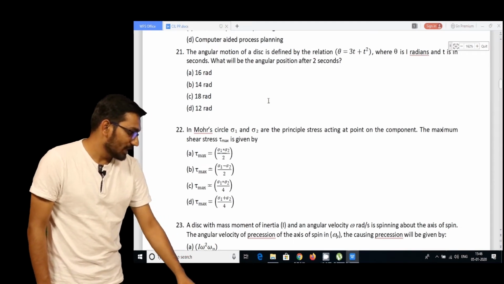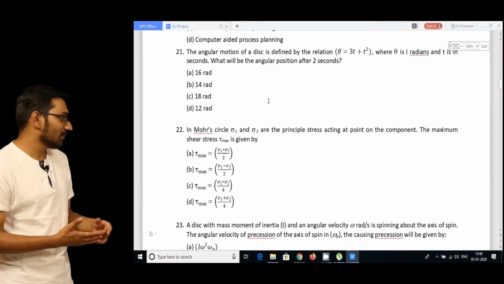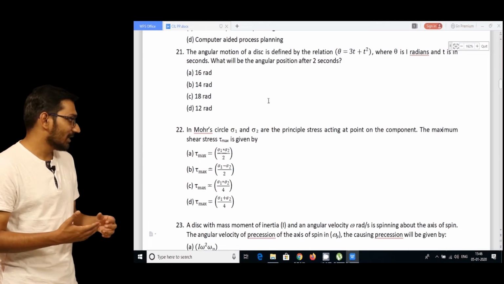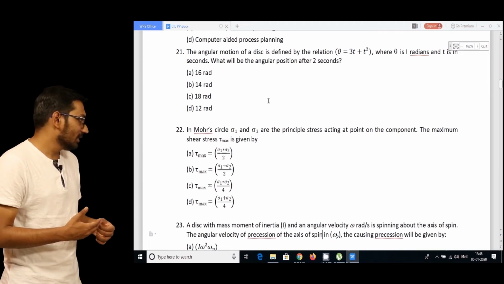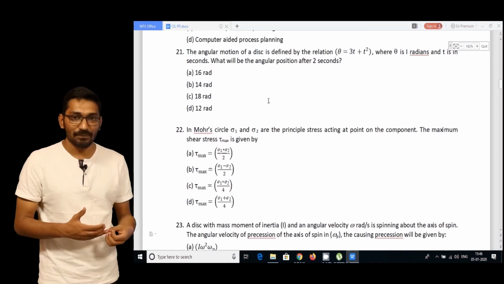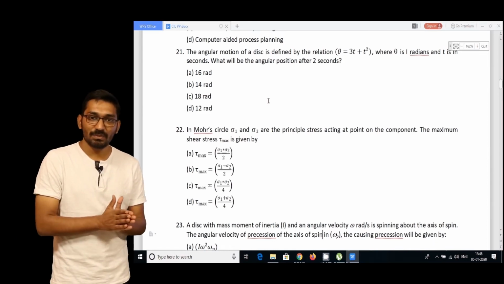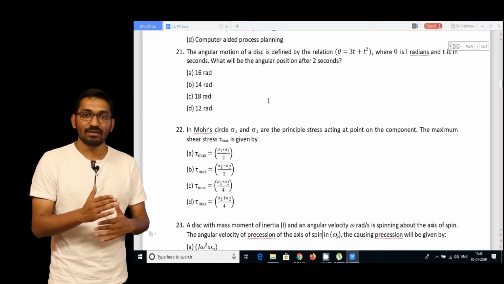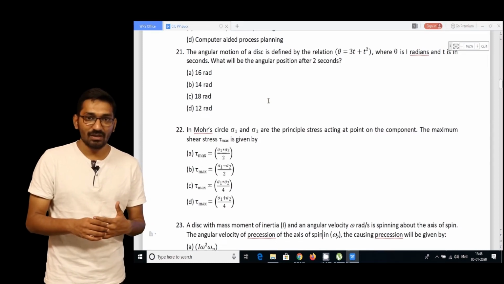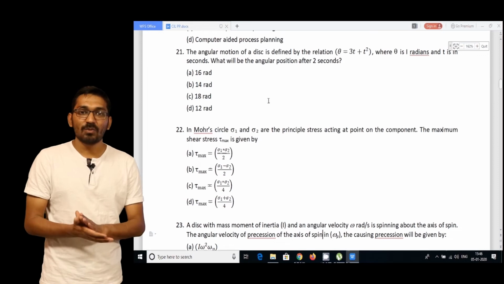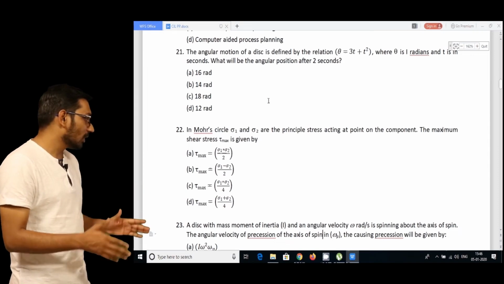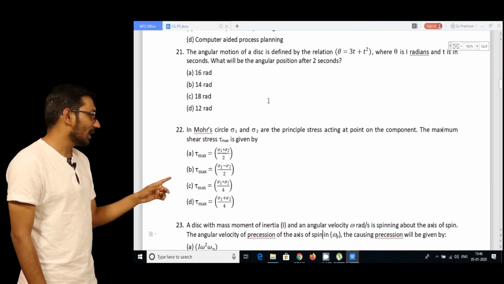Next question is, in the Mohr circle, if sigma 1 and sigma 2 are the principal stresses acting at a point on the component, the maximum shear stress is given by. As you all know, if sigma 1 and sigma 2 are the principal stresses in a Mohr circle or in the combined stresses and strain, then the in plane tau max will be equal to mod of sigma 1 minus sigma 2 by 2, right?